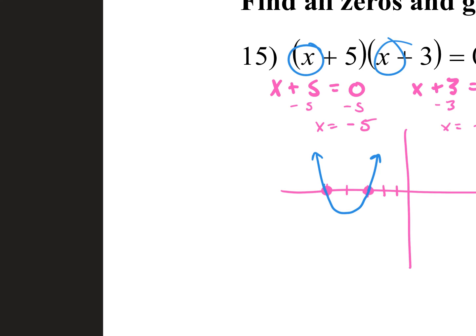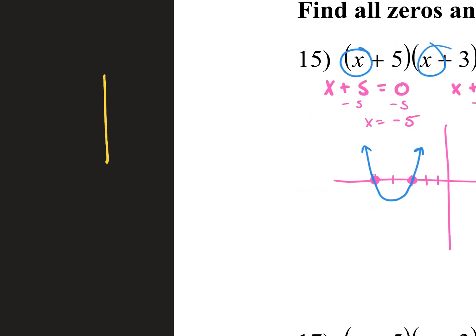One way you can check, I'm going to do a little graph on the side here. So if I had 2 zeros, here and here, and I thought that my end behavior went down and up, if I put a down arrow out of the left one and an up arrow out of the right, there's no way that I could connect these dots without crossing the x-axis, and you can't cross the x-axis more than the points that you have.